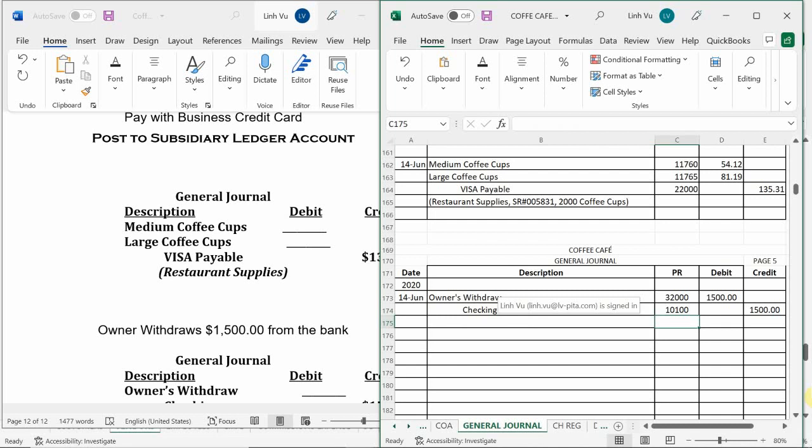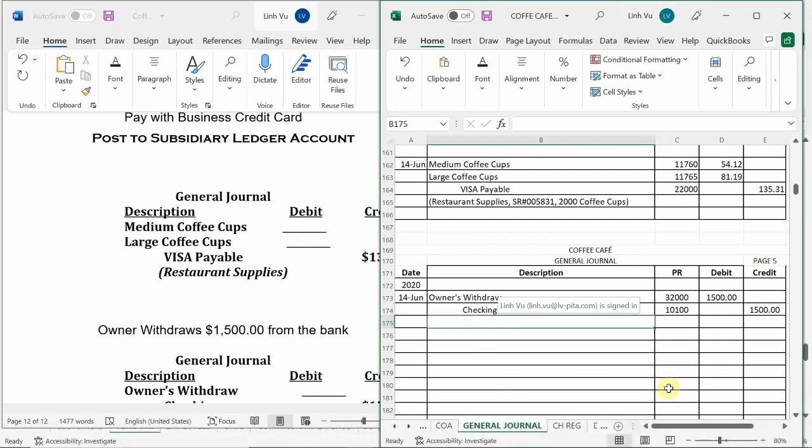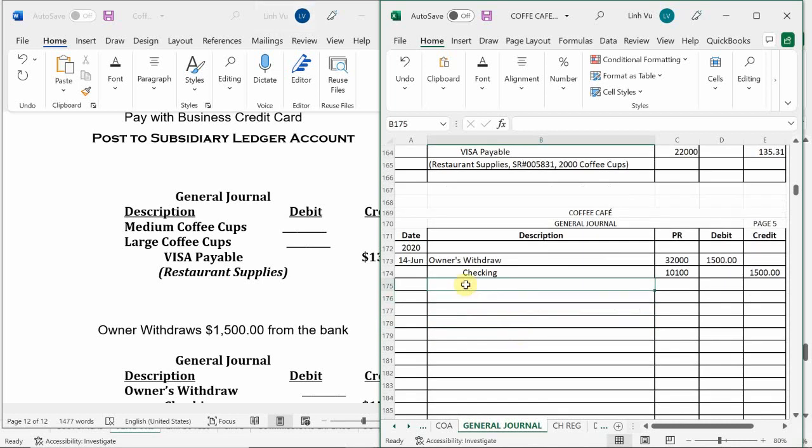Or what would be the most appropriate and proper way to have an owner withdraw safely from his own company without making it look like fraud.